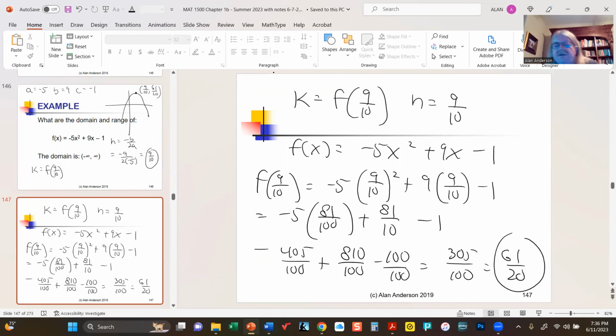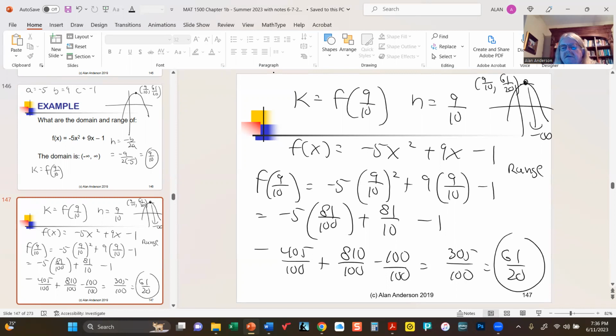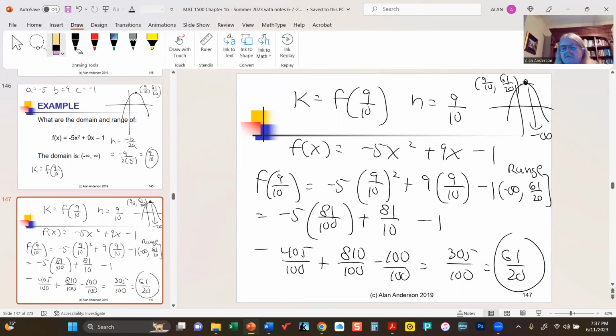Yeah, that's as far as we can reduce it. So that means then that the range starts here and works its way down to negative infinity. So it's everything from negative infinity up to and including 61/20. Okay. So that's not too bad.